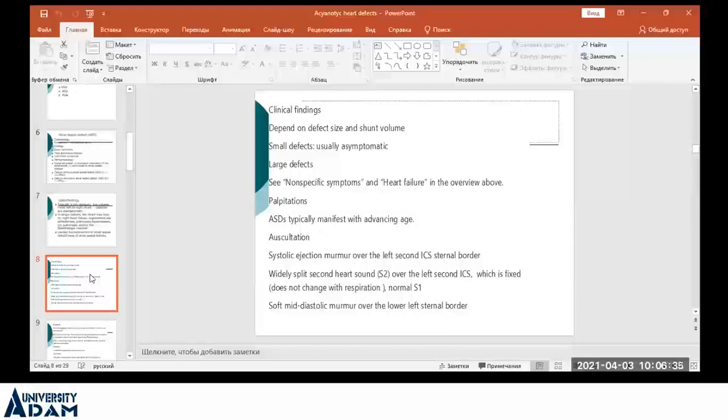Auscultation peculiarities of atrial septal defect: widely split second heart sound over the left second intercostal space, which is fixed, does not change with respiration. Normal sound 1. Soft mid-diastolic murmur over the lower left sternal border.